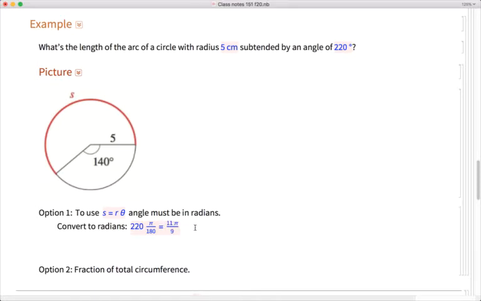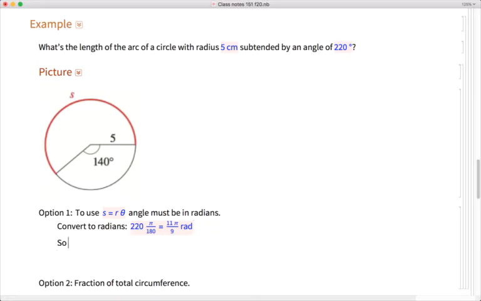Maybe there's some cancellation there. Okay, and now use the formula. So S would be 5 times this radian measure. So 55 pi over 9.